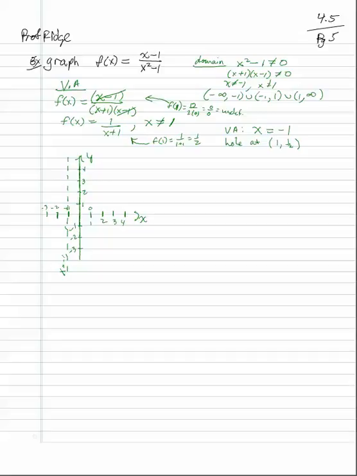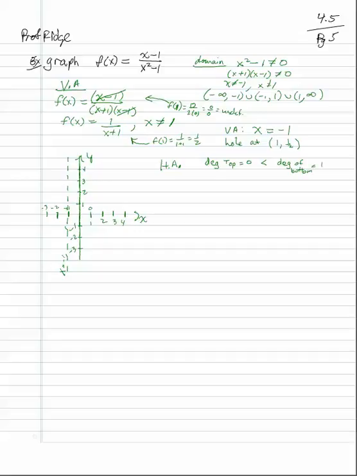Alright, so now what we do is horizontal asymptote. If the top is smaller than the bottom, degree 0, right, you got degree 0, which is less than the bottom, which is degree 1.